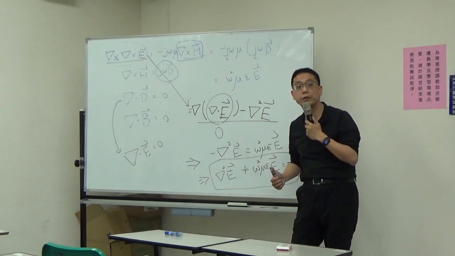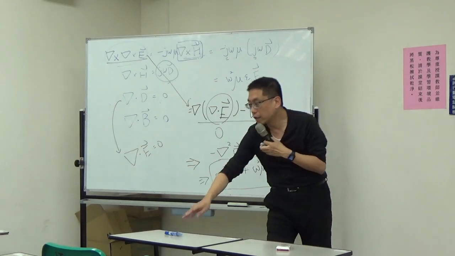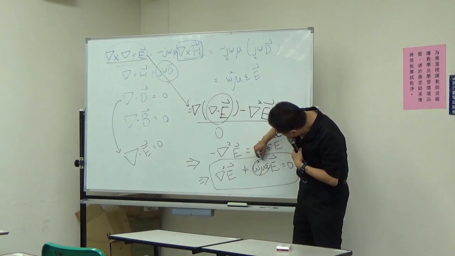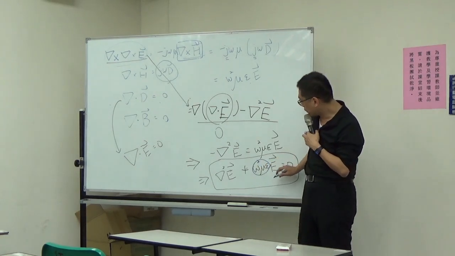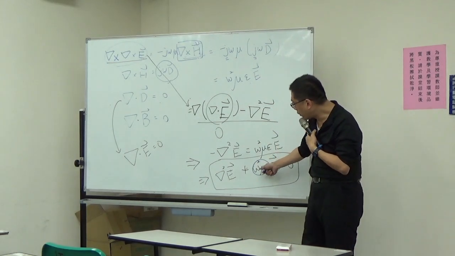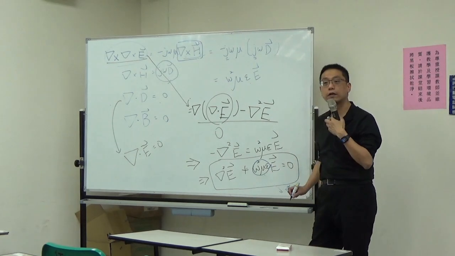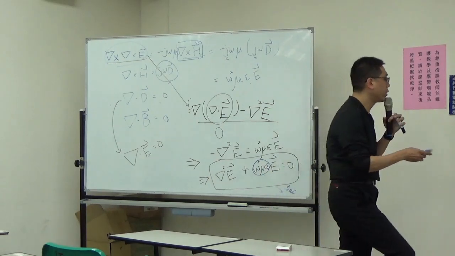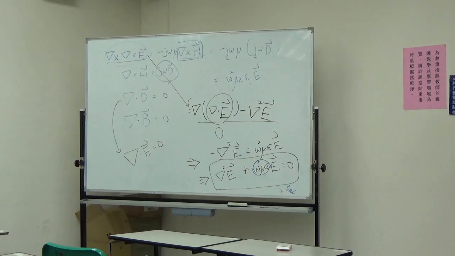Just a review of what we did last week. This part is ugly, I want to make it simple, so I define a new notation and call this K squared. Our wave equation becomes Laplace E plus K squared times E equals 0, where K equals omega times the square root of mu epsilon.